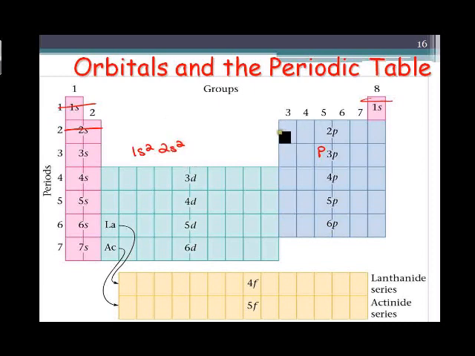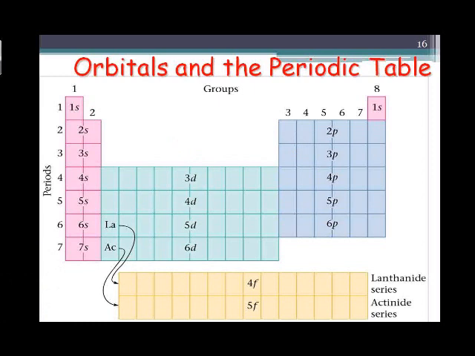We go through all 6 of the elements in the 2p block, 2p6. The 2 elements in the 3s block, 3s2. And phosphorus is the 3rd element in the 3p block. So its electron configuration is 1s2, 2s2, 2p6, 3s2, 3p3.